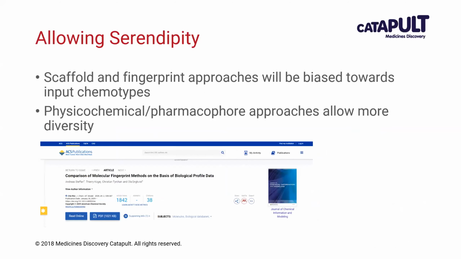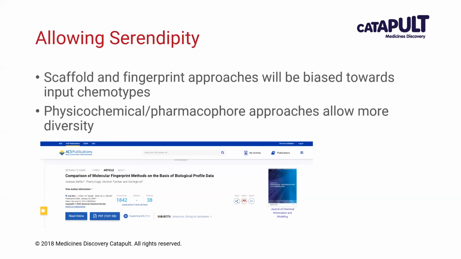Now, the issue with using your existing knowledge to select molecules is that there's a danger of getting out what you put in. You'll only find the chemistry that you know about that has already been established to bind your protein of interest, and you might struggle to get interesting things. So how do we overcome that issue? Well, the scaffold and fingerprint approaches I've shown will certainly be biased towards your input chemotypes. They're very substructure driven.